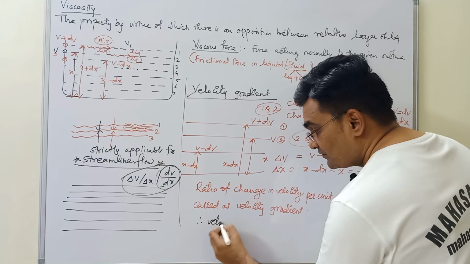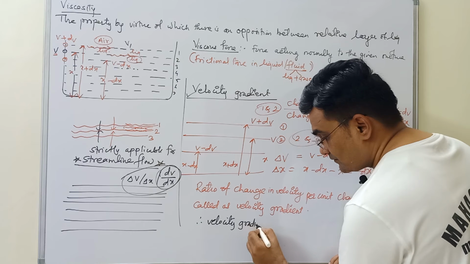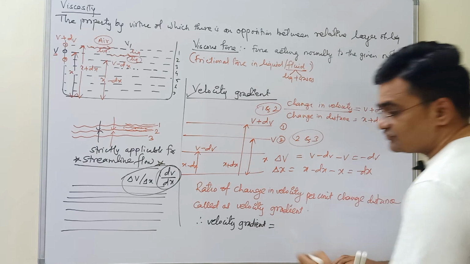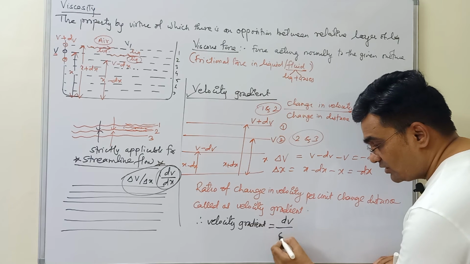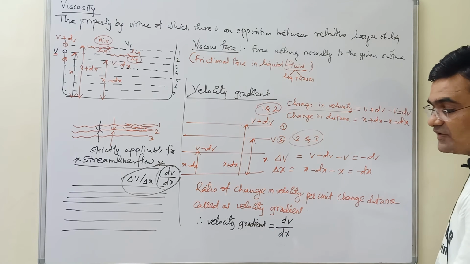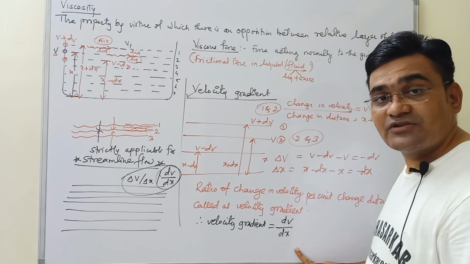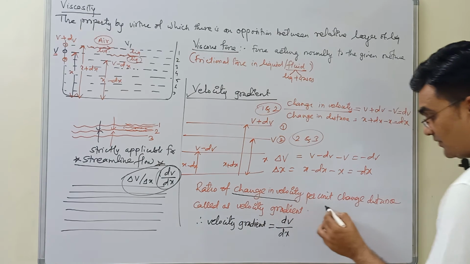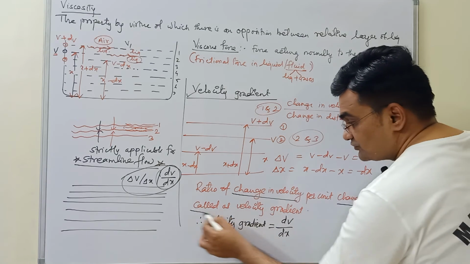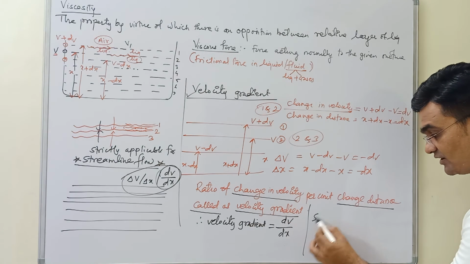Therefore, I will say velocity gradient is equal to dv upon dx. Velocity gradient is equal to what? Rate of change of velocity per unit rate of change of distance. Okay. Change in the velocity per unit change in the distance is called what? The velocity gradient.